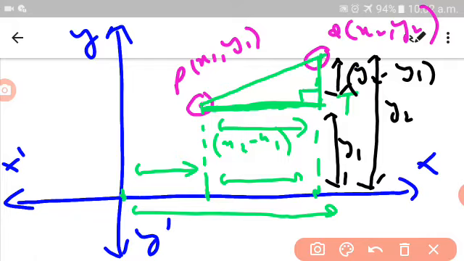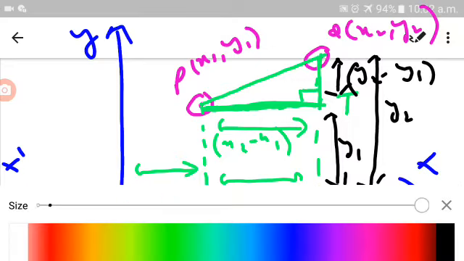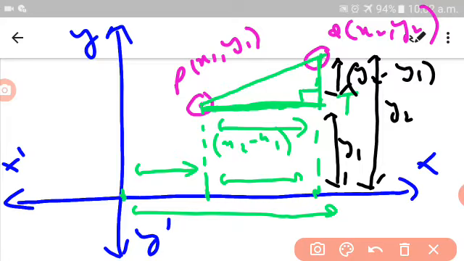Now see, because triangle PQT is a right angle triangle, so we can apply Pythagoras theorem here. So we can write PQ will be under root, hypotenuse square equals to perpendicular square plus base square.